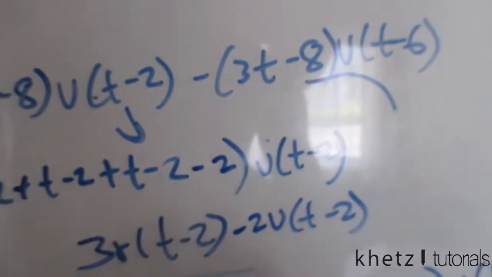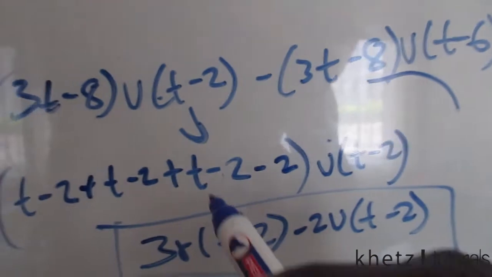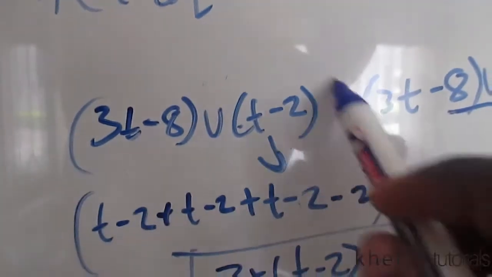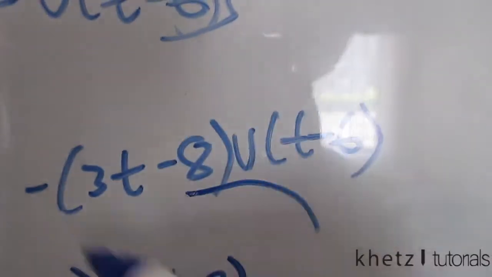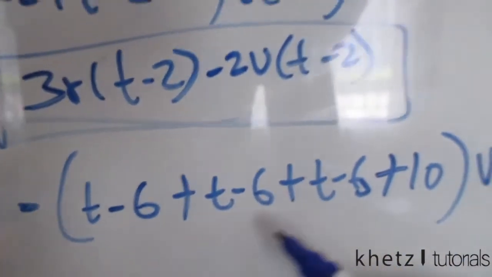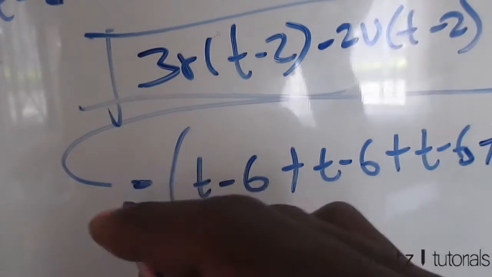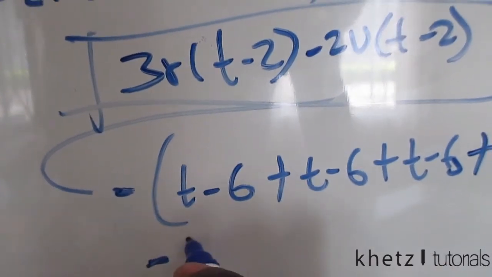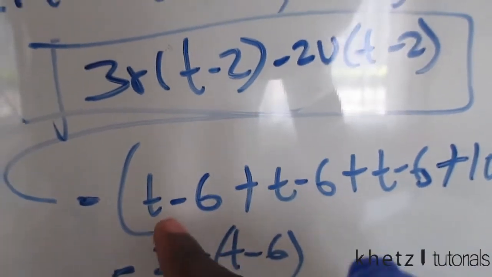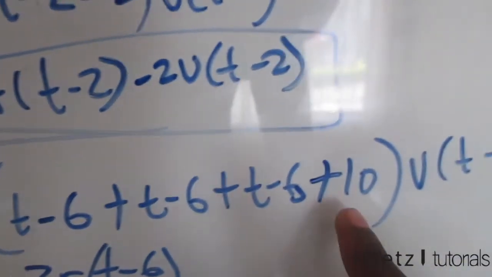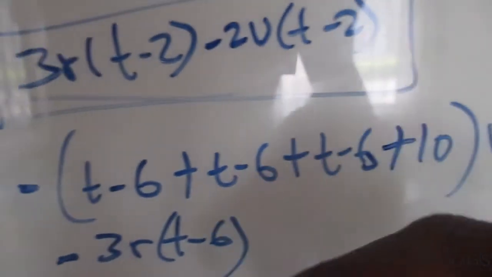Right, so this is just a simplification of this first part, this part over here, right? And now we're going to simplify this second part, which we have down here. It's going to be a similar story, so not forgetting the negative which precedes everything, 3r of t minus 6, because we have 3 t minus 6's. And finally, we also have this 10. Let's not forget that.